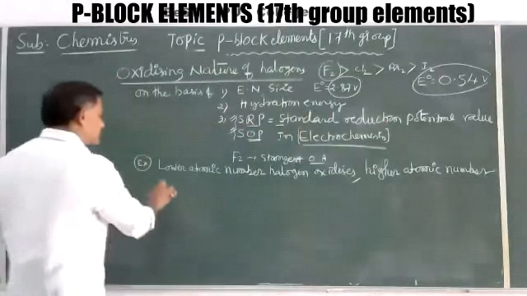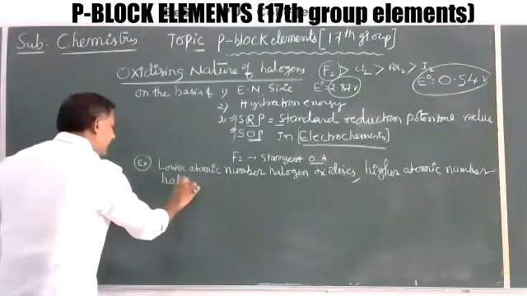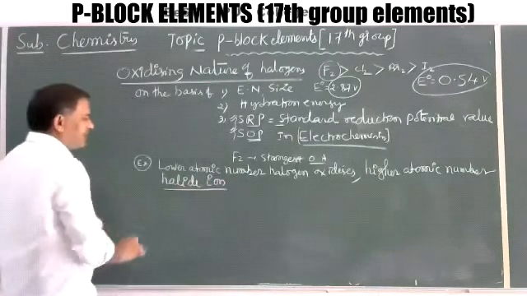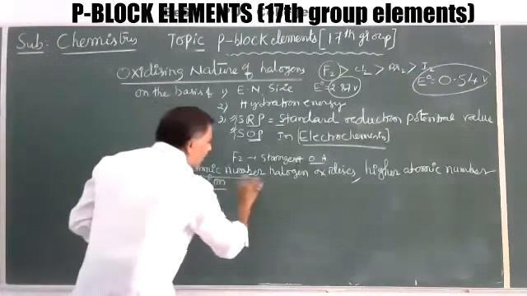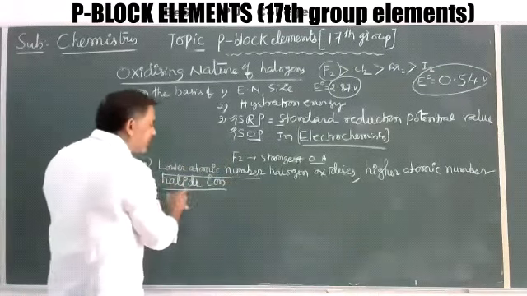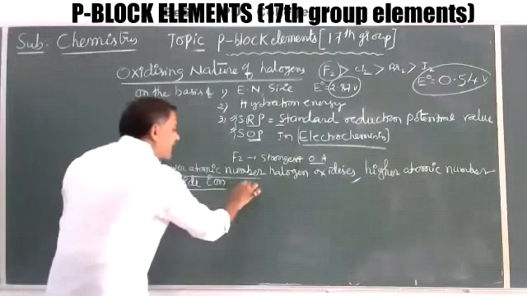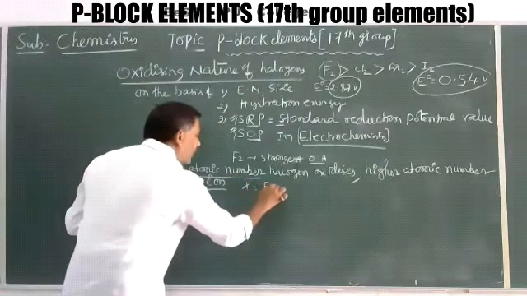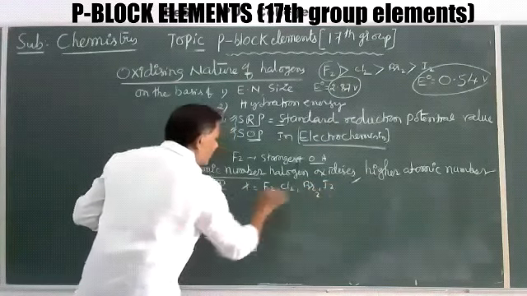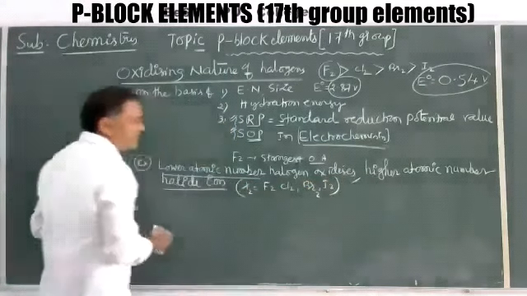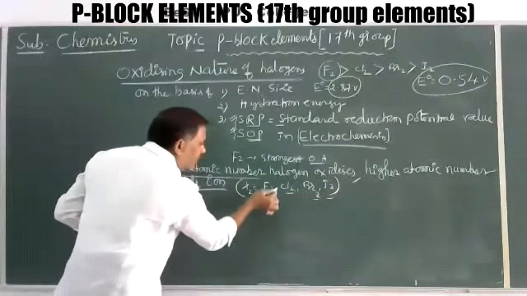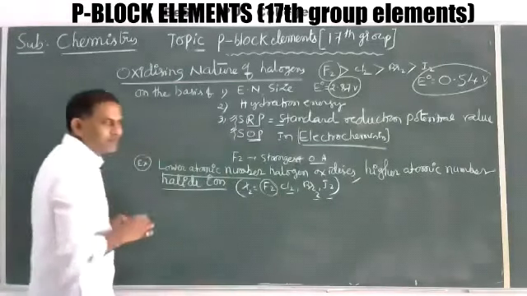Very, very important this is. For example, the halogens are fluorine, chlorine, bromine, iodine, these are the halogen molecules. Compared to chlorine, bromine and iodine, the lower atomic number is fluorine.